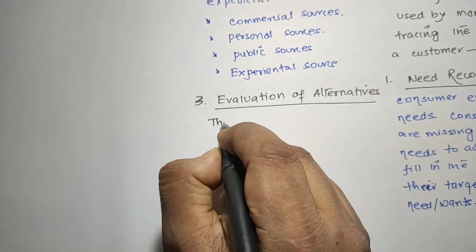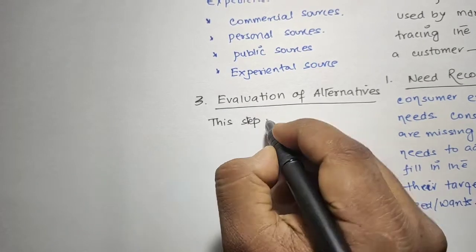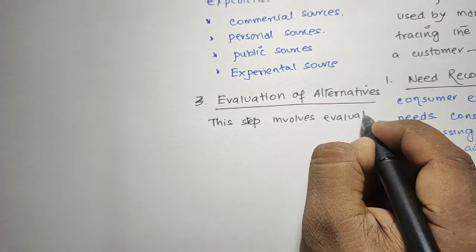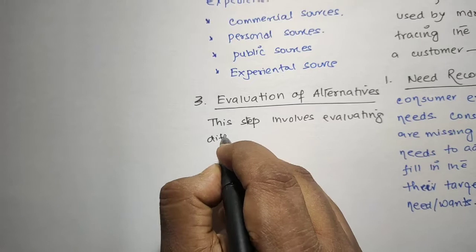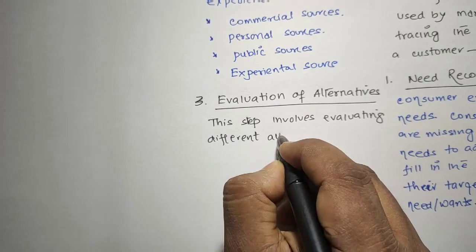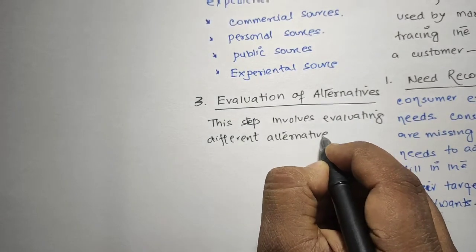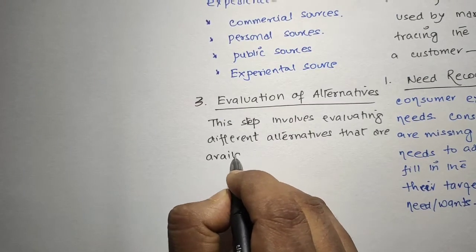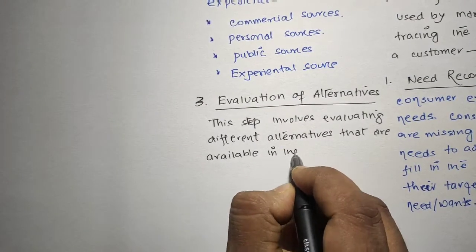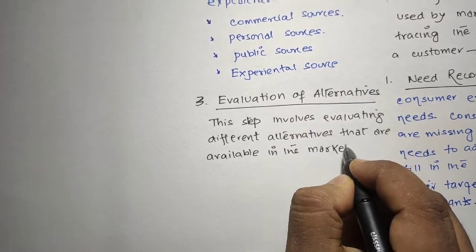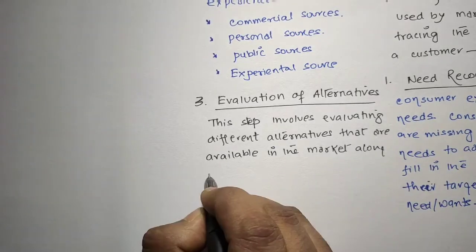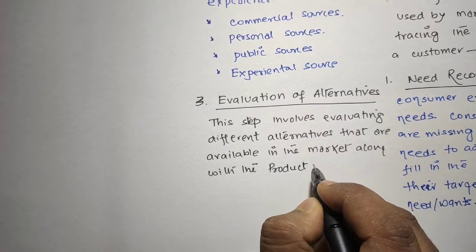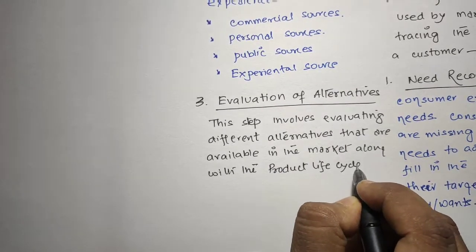Here this step involves evaluating different alternatives that are available in the market along with the product life cycle.